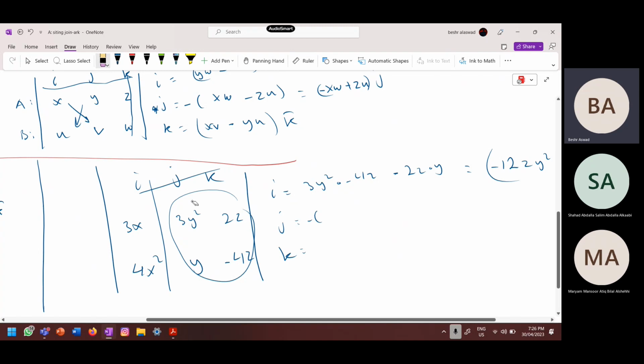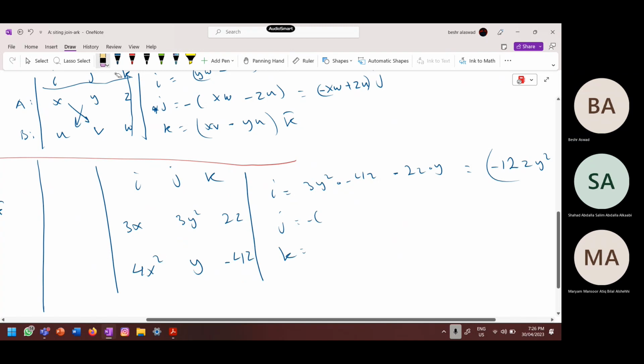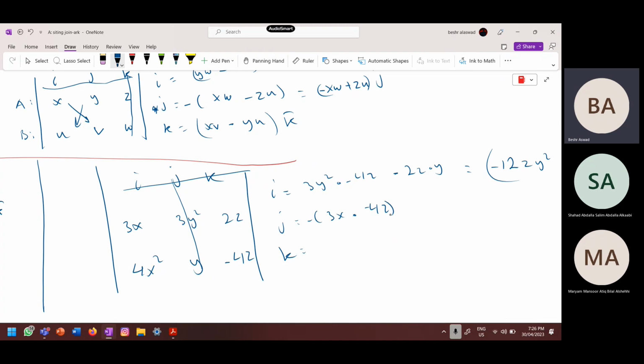As for j, 3x multiplied with negative 4z minus 2z multiplied with 4x squared.